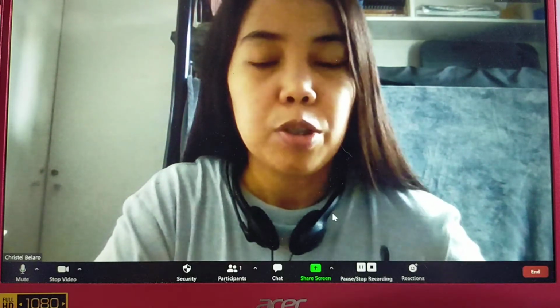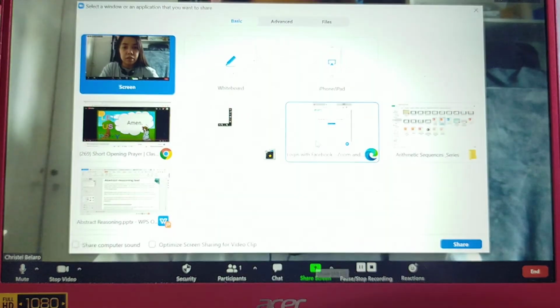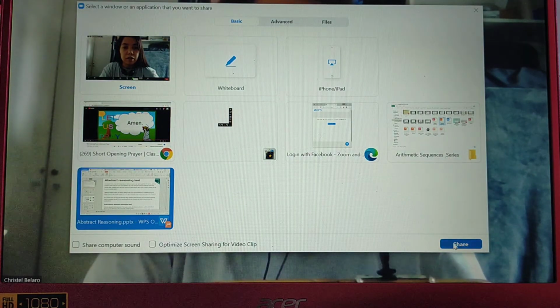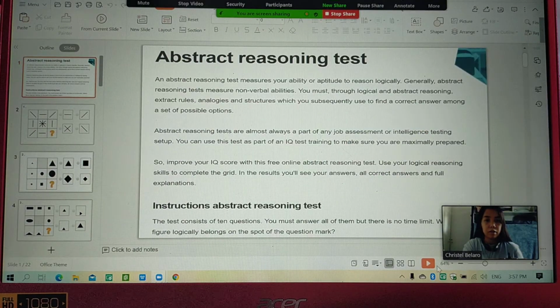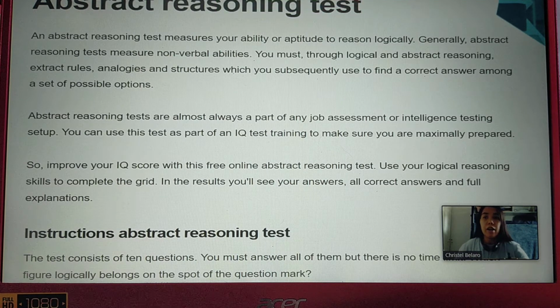I'll prepare a 5-item abstract reasoning test. You're going to answer it, and then later we're going to check. So what is an abstract reasoning test? An abstract reasoning test measures your ability or aptitude to reason logically.